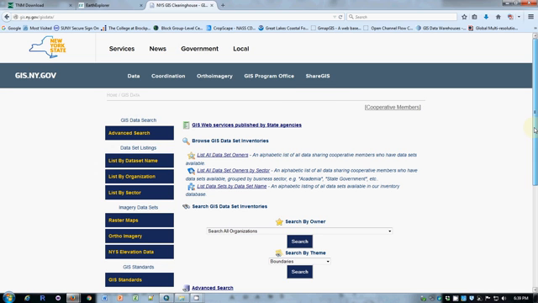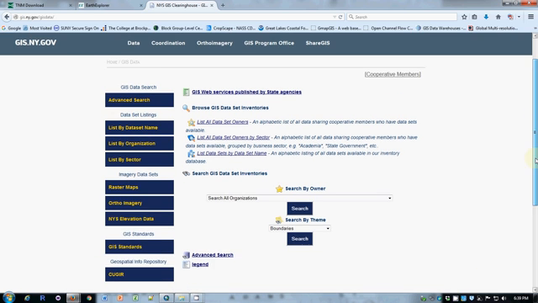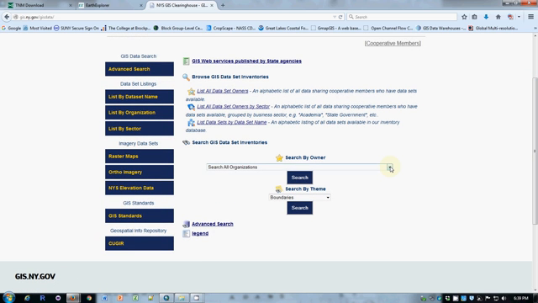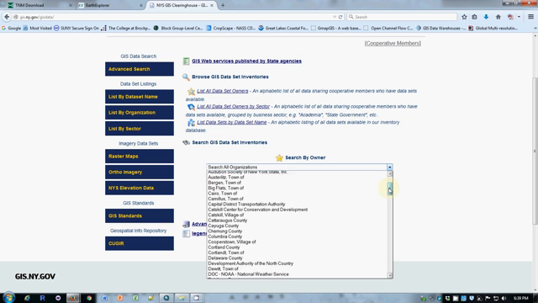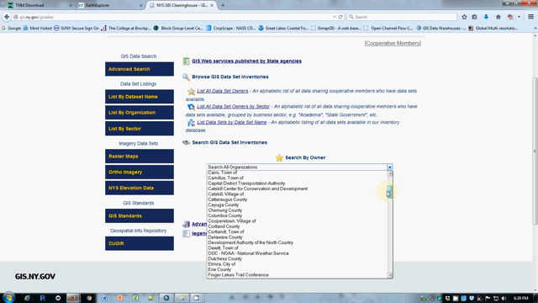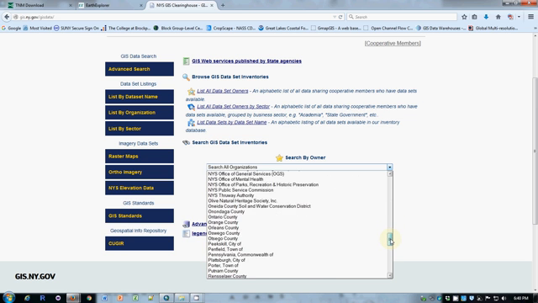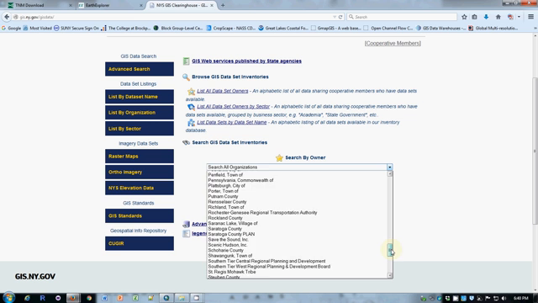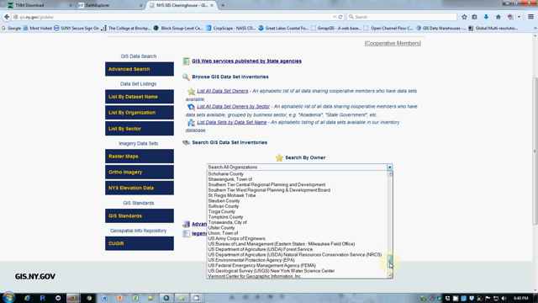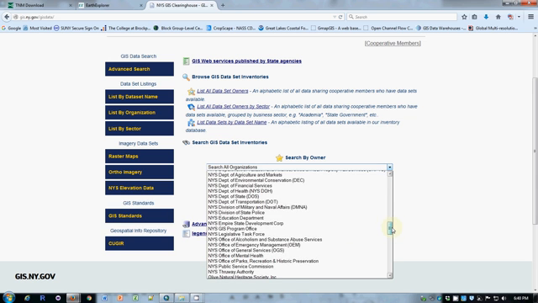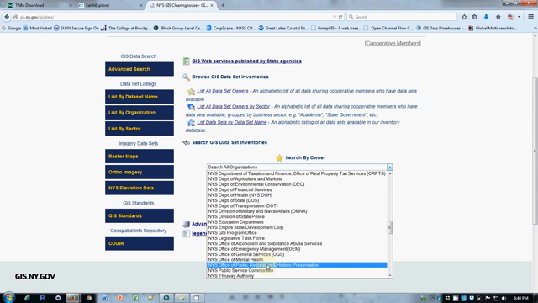In New York State, the main site is called the New York State GIS Clearinghouse, and it is a very rich source of data. It is actually a clearinghouse, and the data is contributed by a very large number of state agencies and local governments, including a number of counties, some towns, some federal agencies, and most notably, all of the various offices of state government.